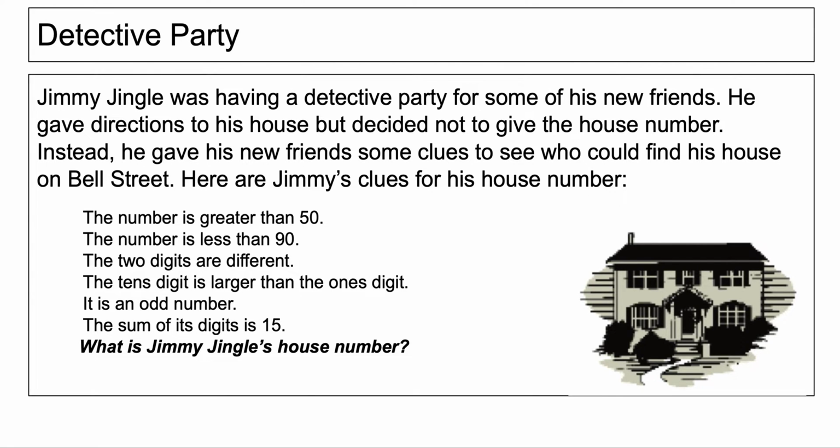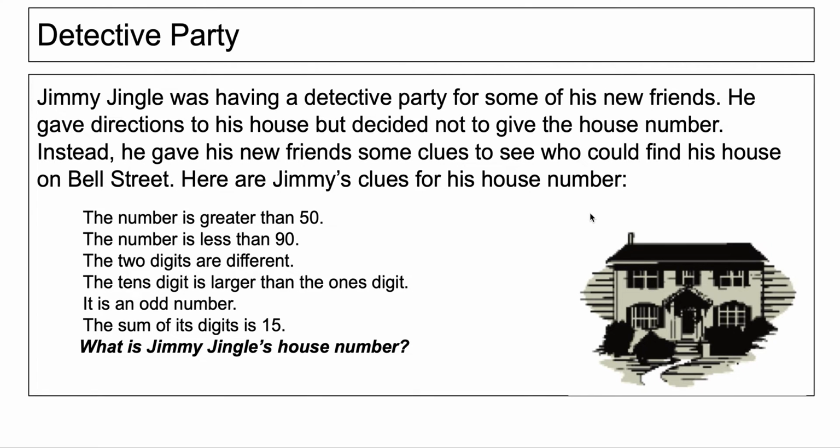What's your strategy to find the answer? What helped you to think better? Maybe some of you used a number line. Maybe some of you wrote all of the numbers between 50 and 90.